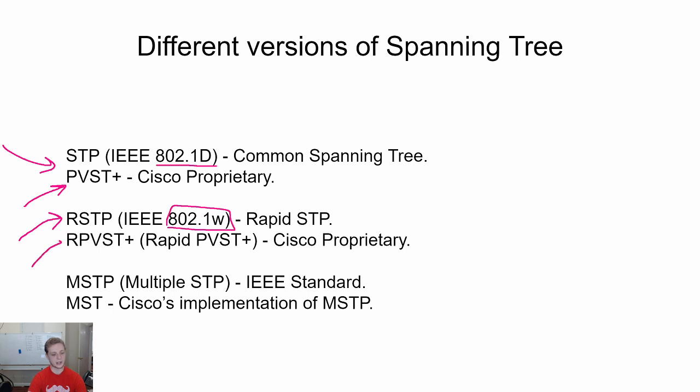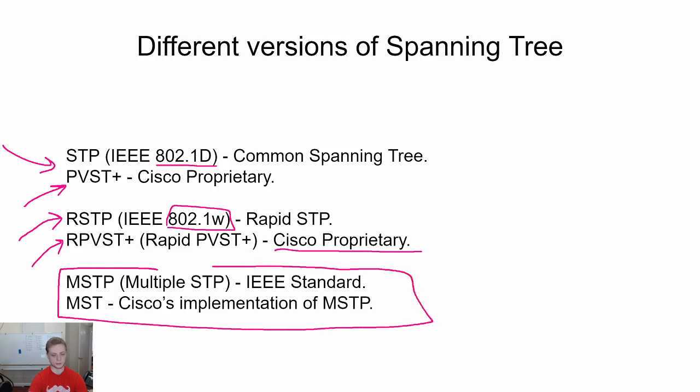Then Cisco made Rapid PVST Plus, a Cisco proprietary version of it that integrates our VLANs, where we have per-VLAN. And then we had what is really a revolution when it comes to spanning tree, and that is multiple spanning tree. Multiple spanning tree is an IEEE standard, and MST is Cisco's implementation of it.